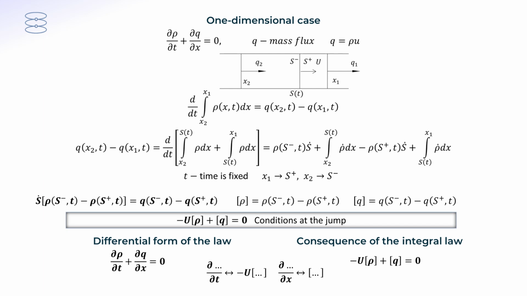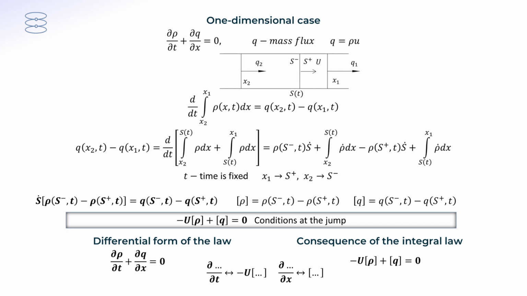Let us consider a one-dimensional case and a tube in which there is gas with a shock wave inside of this gas moving to the right. S plus is the position of the shock wave front before the front, S minus the same point after the shock.